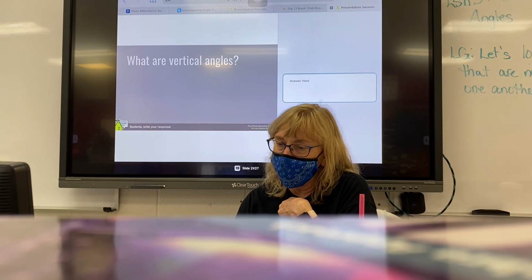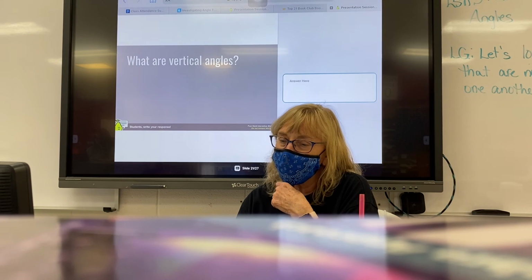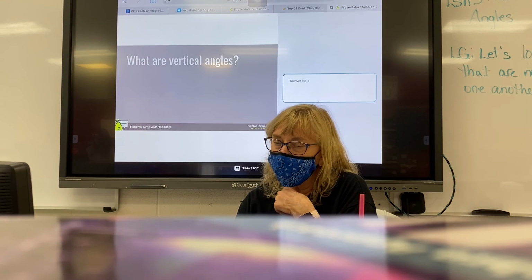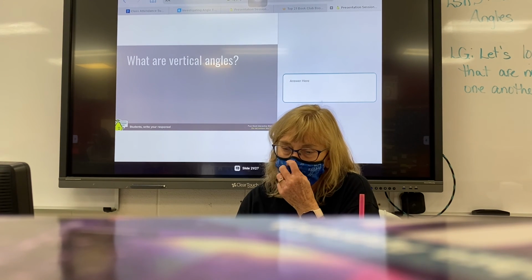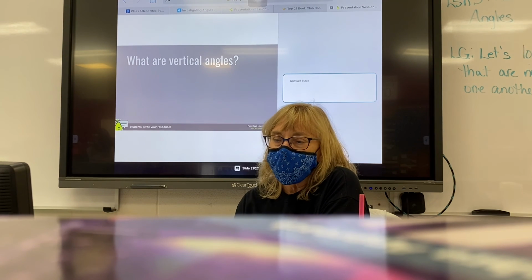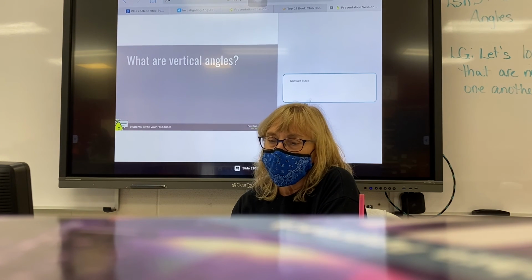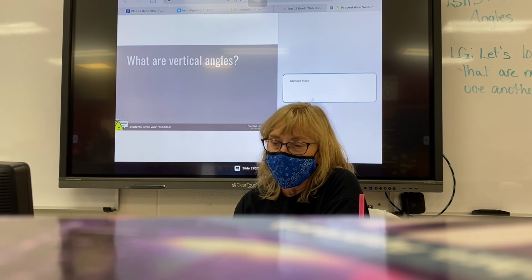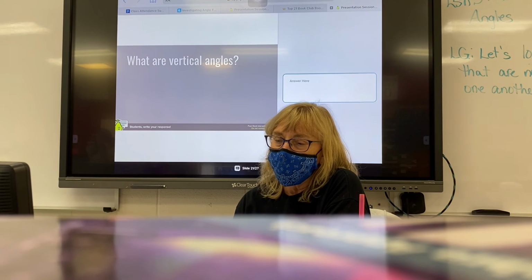I'm seeing when we have two straight lines that intersect, the angles across from each other are vertical. Not all angles that are equal to each other are vertical. So the statement angles that equal the same thing is not true for what a vertical angle is, because I could make two adjacent angles equal to each other and they wouldn't be vertical.